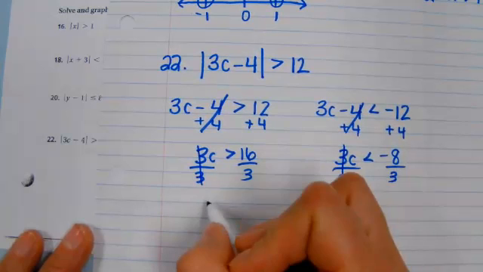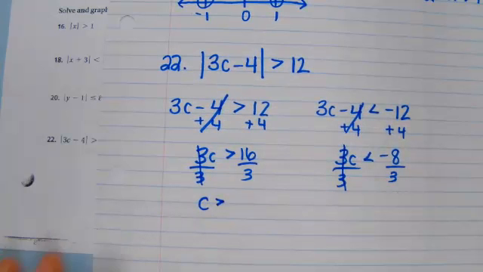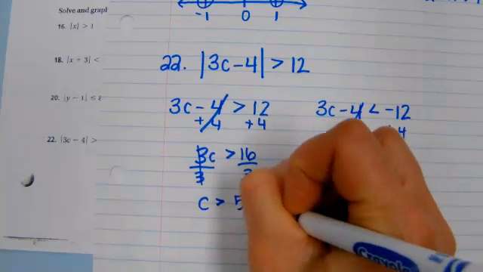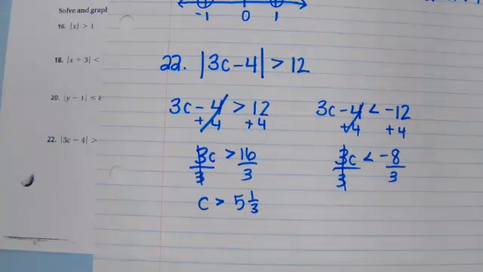Okay, so I get c is greater than, what do you get when you do 16 divided by 3? 5 point what? That's right. Or if you want to keep it a fraction, it's 5 and 1/3. 0.3 repeating is 1/3. What's 0.6 repeating? 2/3. Okay, so that's something you should memorize if you can.